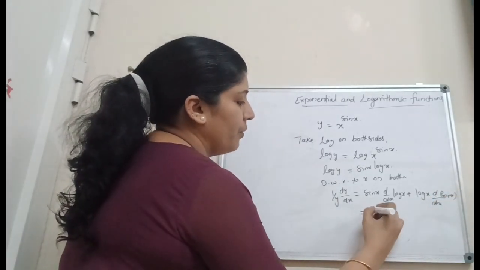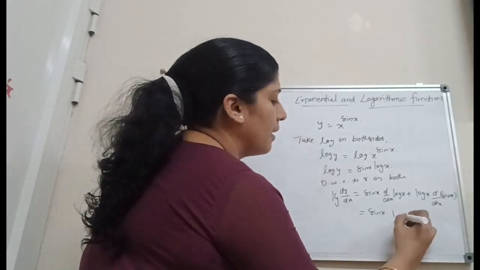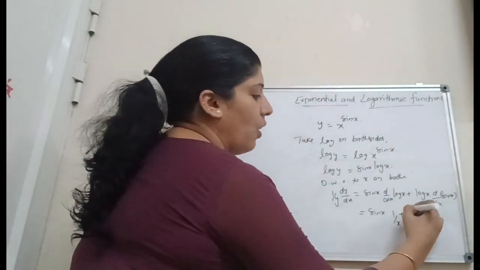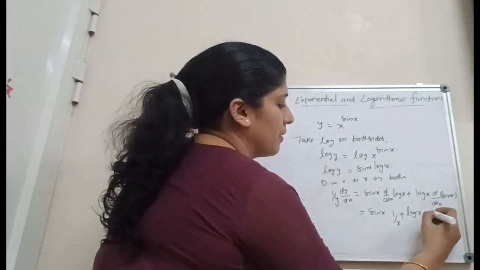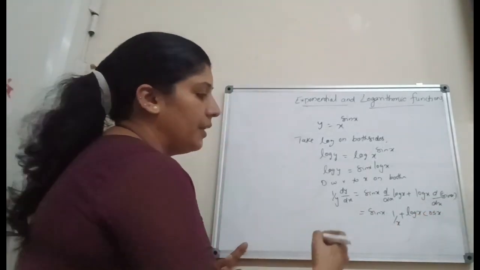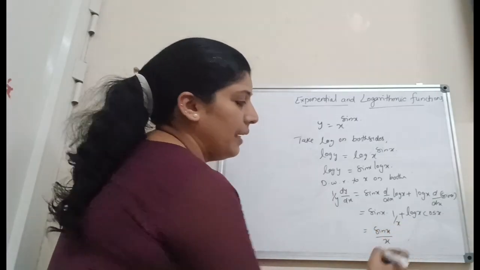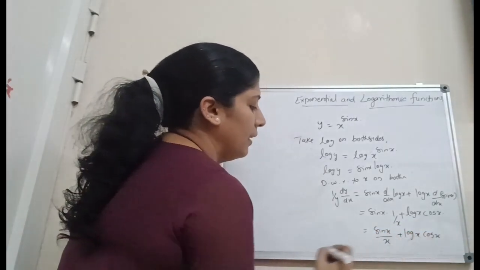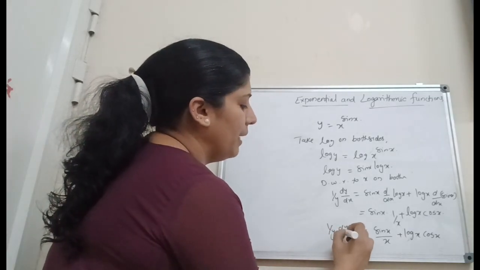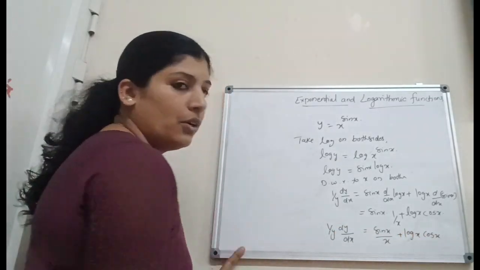It is equal to sin x into d by dx of log x, which is 1 by x, plus log x into d by dx of sin x, which is cos x. That is, it is equal to sin x into 1 by x, that is sin x by x, plus log x into cos x. That is 1 by y into dy by dx equal to what? sin x by x plus log x into cos x.